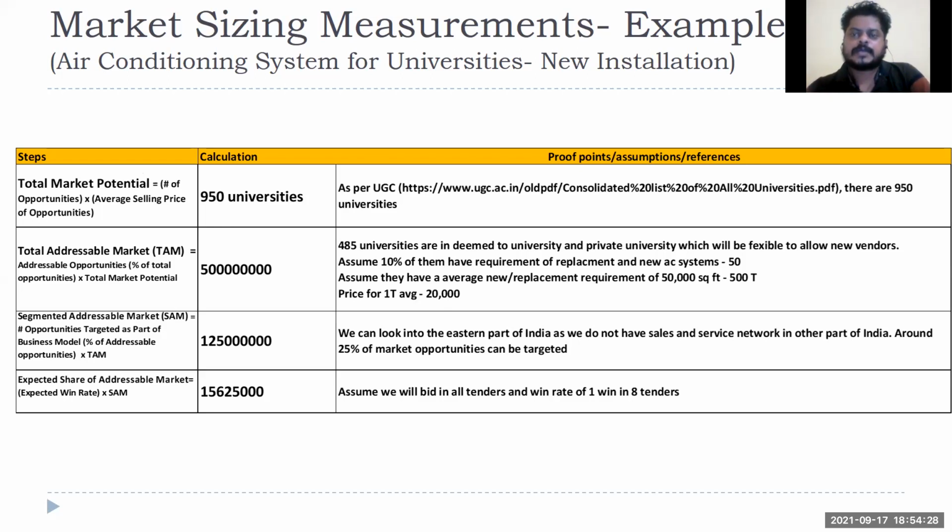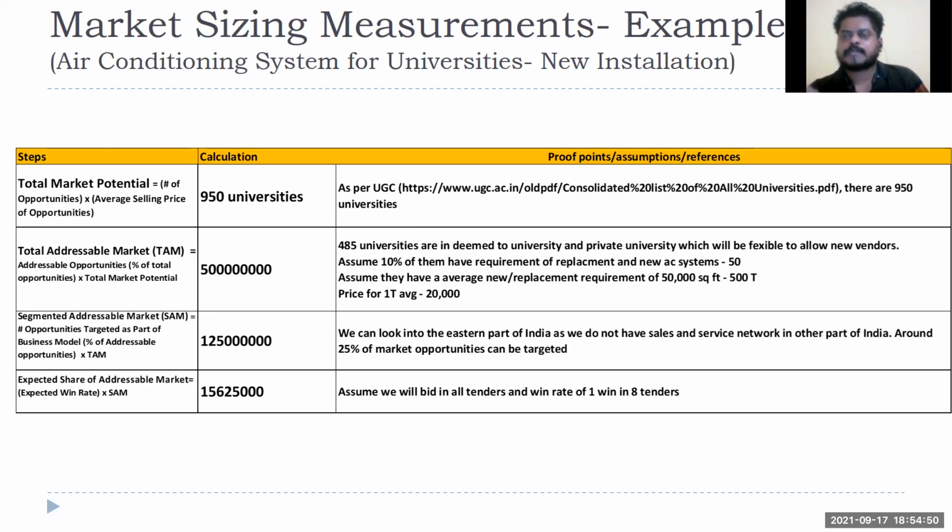Out of that, 950 won't be there. It will actually get converted into only 50, because out of 950, only 485 are private and deemed universities. Out of 485, only 10% are actually looking for replacement or new systems. Not all of them are going to replace their air conditioners.